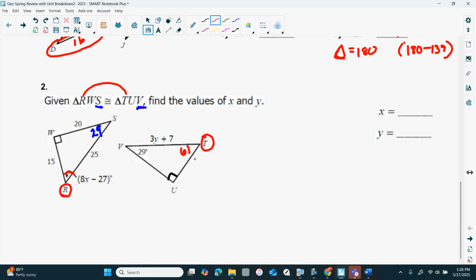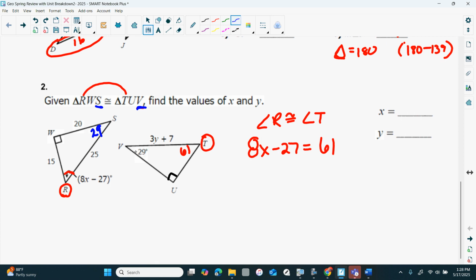Okay. So now I can set that up because angle R is congruent to my angle T. And my R was the expression 8x minus 27 equals T, which is 61. Okay. And now we're just solving for x. Okay. So you need to match up the congruent parts to set up your equation.